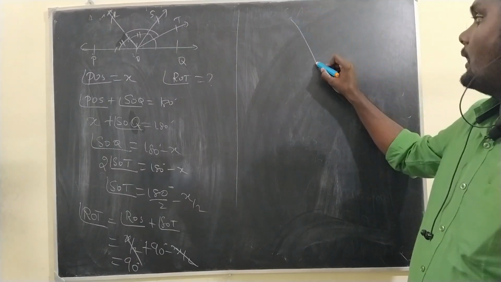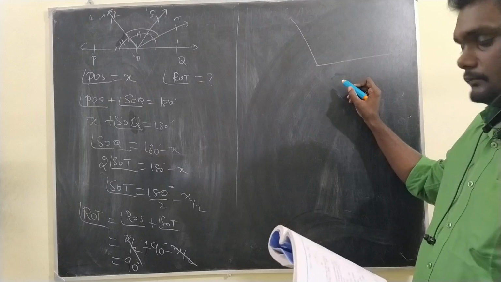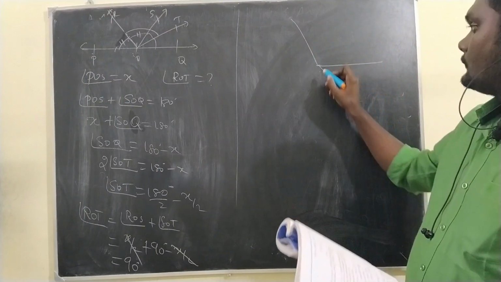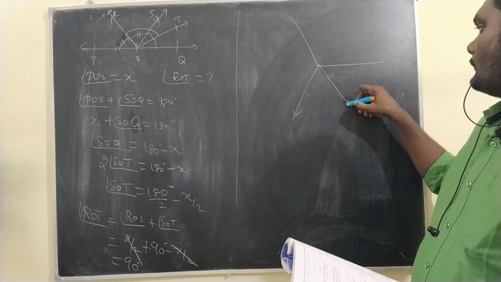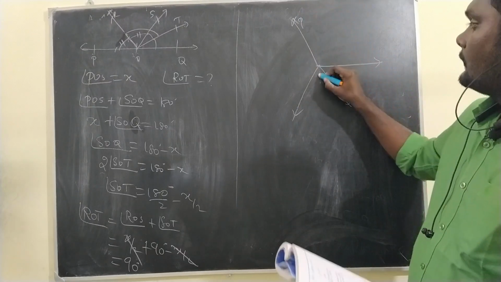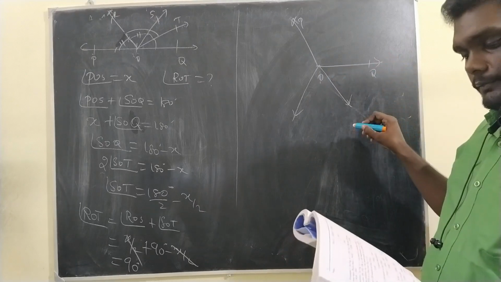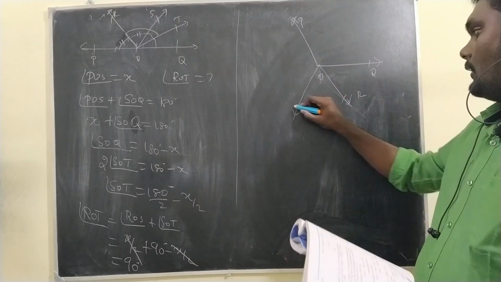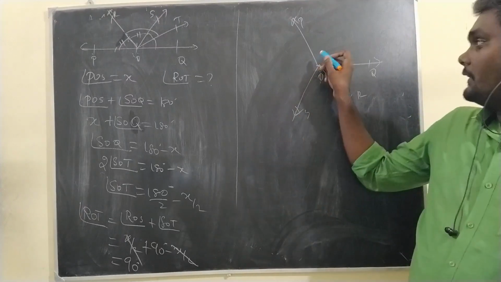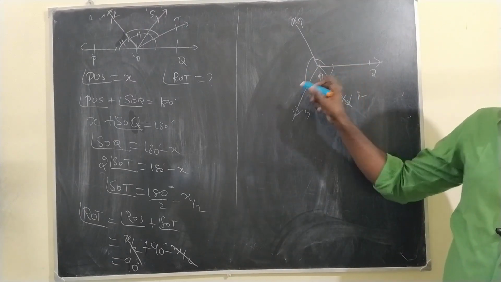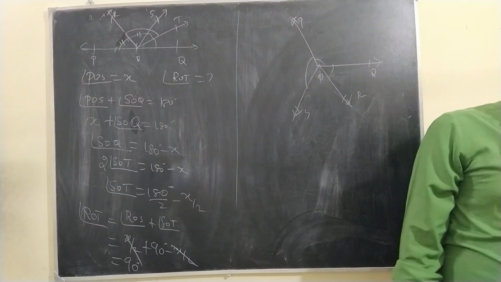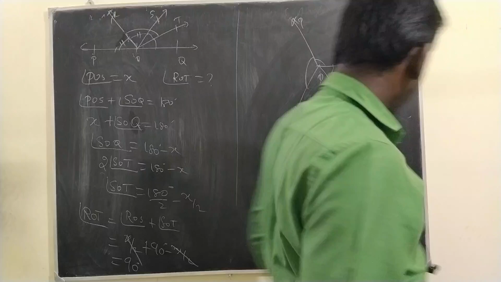Like we have one diagram, P, O, Q, R. We need to prove the sum of all these angles is 360 degree: POQ plus QOR plus SOR plus POS.